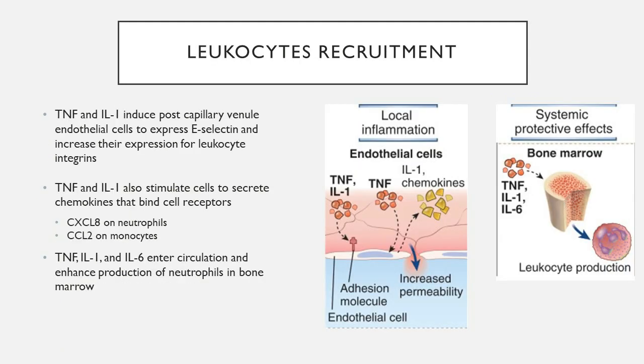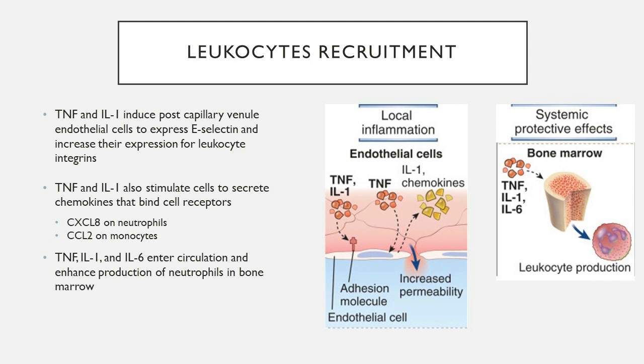So now let's learn how these cytokines are used in leukocyte recruitment. So as we learned, in order for leukocytes to be recruited to the site of inflammation, endothelial cells have to start expressing E-selectins and then increase their expression of integrins for leukocytes. And TNF and IL-1 both function to do just that. They help these cells express E-selectin and increase expression of those integrins.